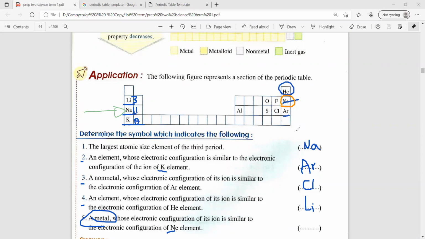Ne is 10. You have only 3 options, Farah. Which one of these 3 will be like neon when it becomes an ion? You have the number of electrons here.